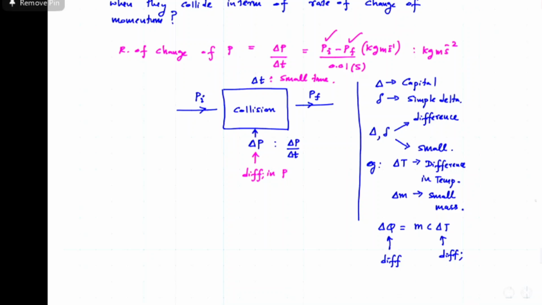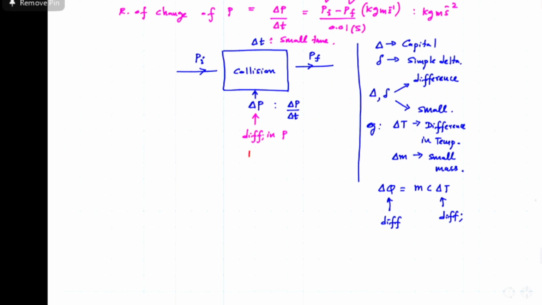You can visualize that, and at the same time you will feel that actually there is a force due to that collision. Collision means force, right? So how come this force is involved in this business? That is what we are going to discuss. You understand what I'm saying? Okay, force involvement.